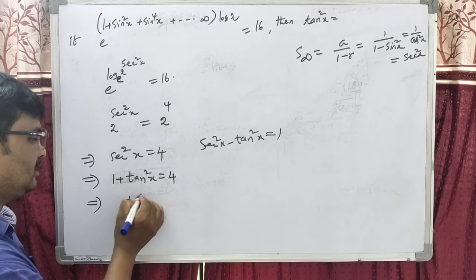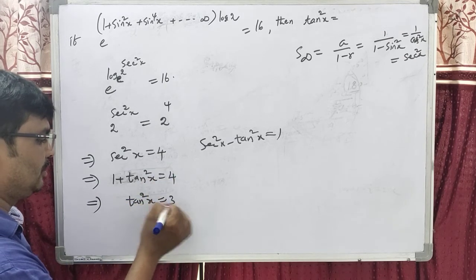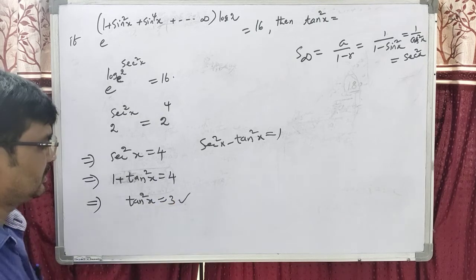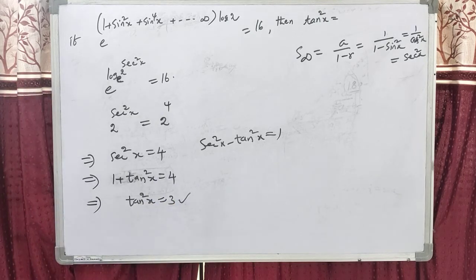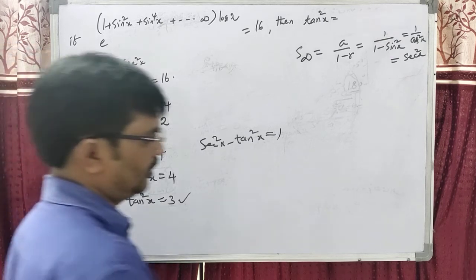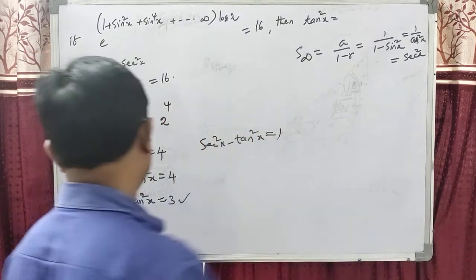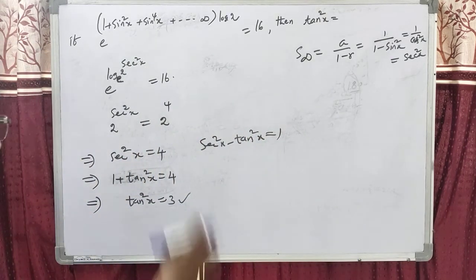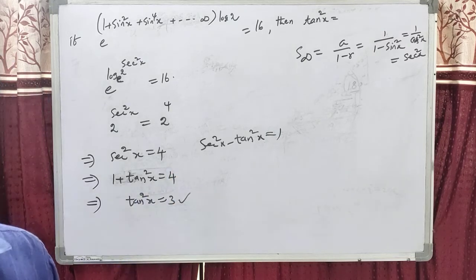So tan square x equals 4 minus 1, which is 3. Okay, students, write down: tan square x is nothing but 4 minus 1, which is 3.